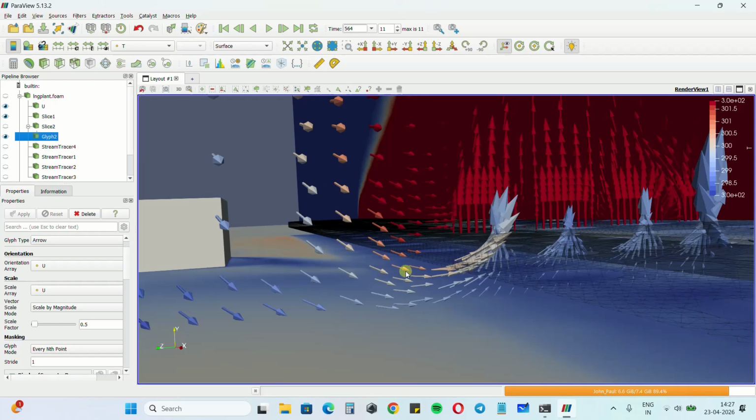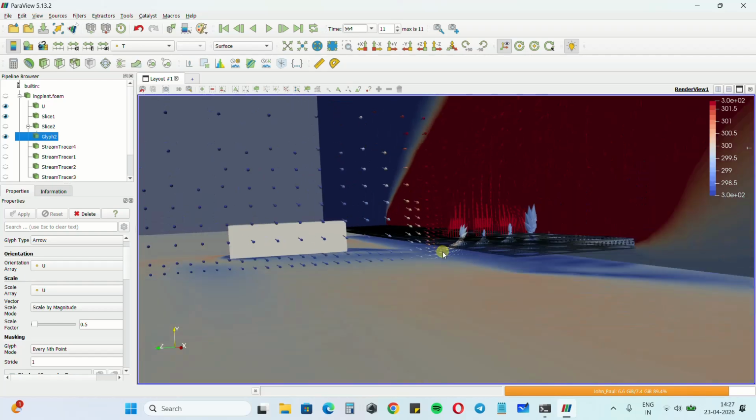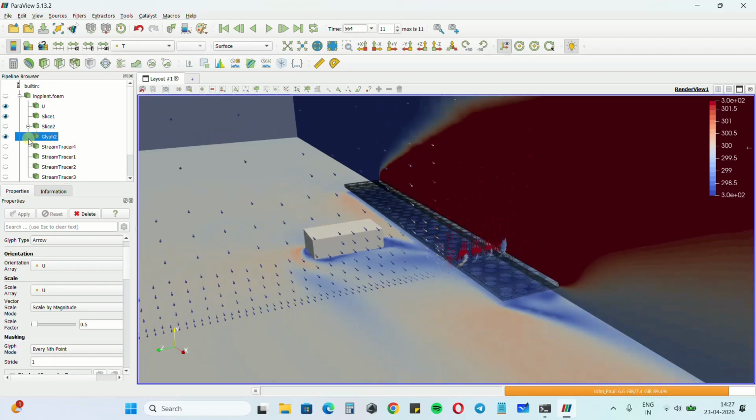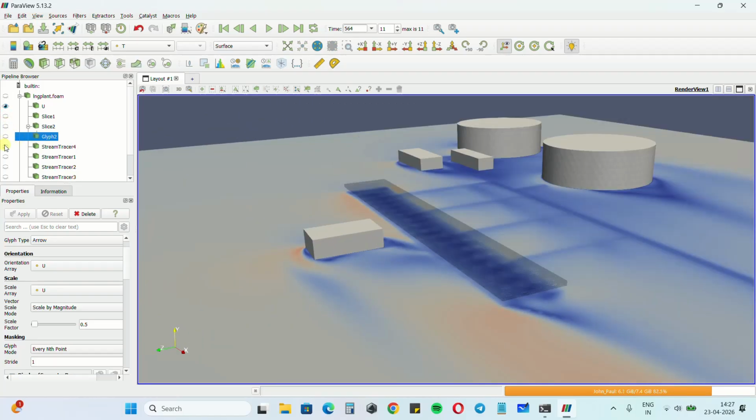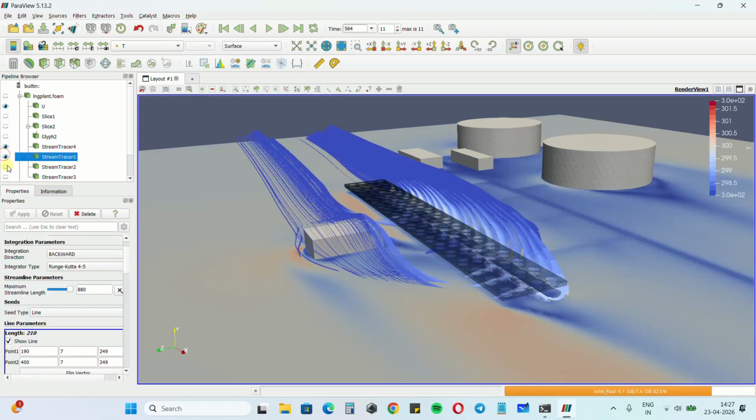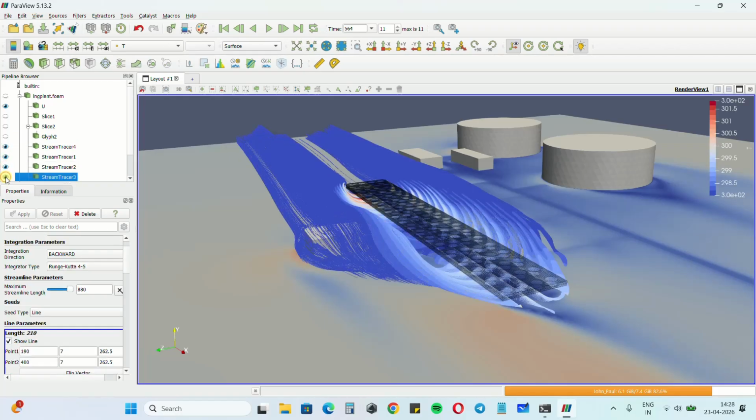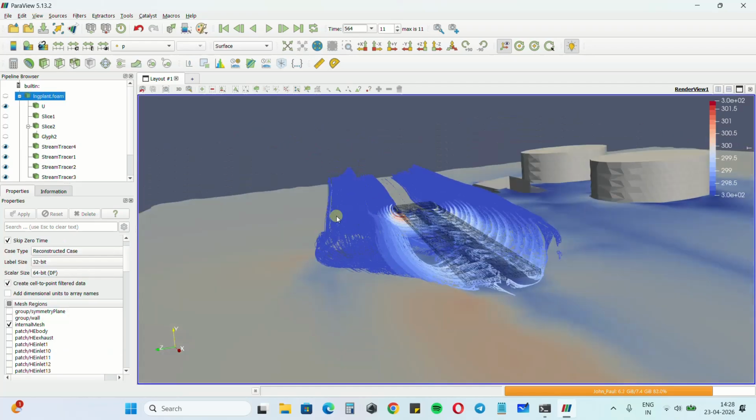So this is also affecting the inlet temperature, and to better visualize it, I have also created stream tracers. You position them at the inlet patch, and then you integrate backwards, so you can know how the incoming flow is affected. And I have given coloring based on temperature, so that's how I have created this.